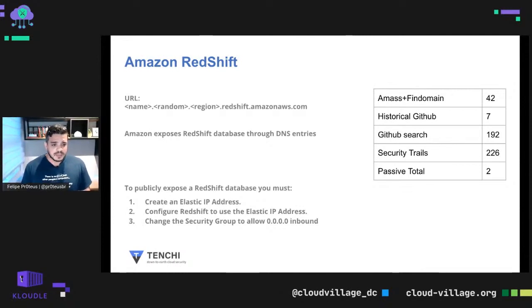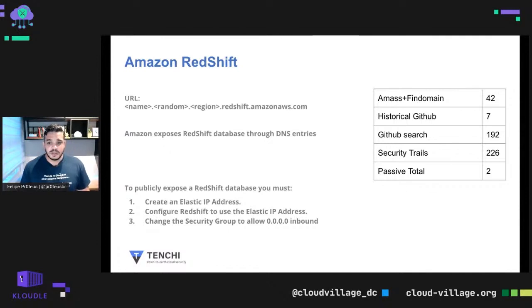So to publicly expose a Redshift database to the internet, you must first create an elastic IP address, and then configure the Redshift to use the elastic IP address you created before. And then you have to change the security group to allow 0.0.0.0 inbound.